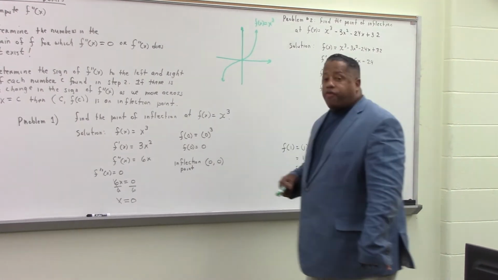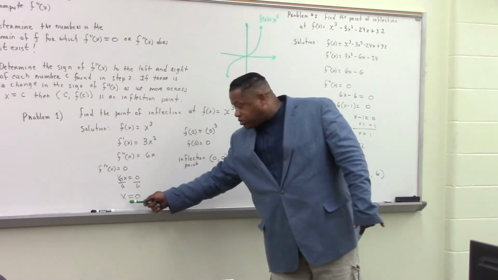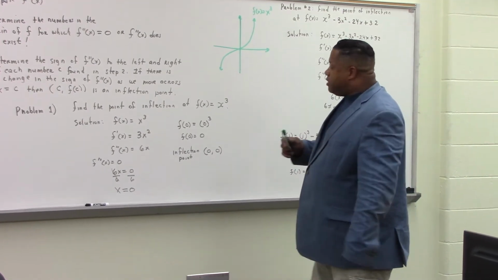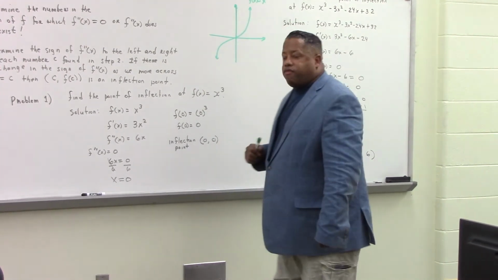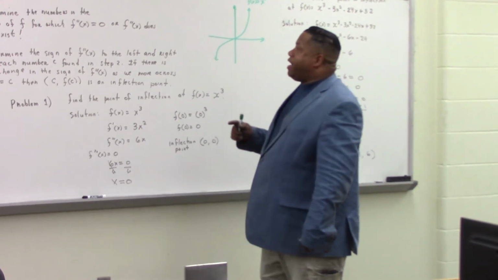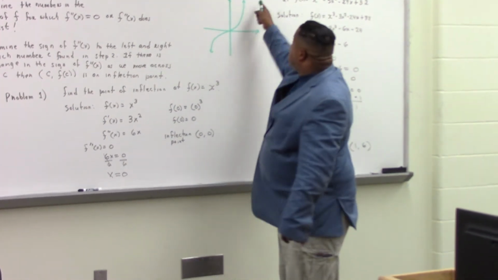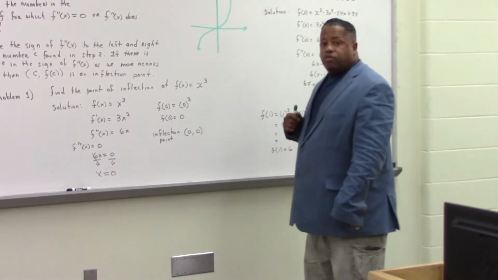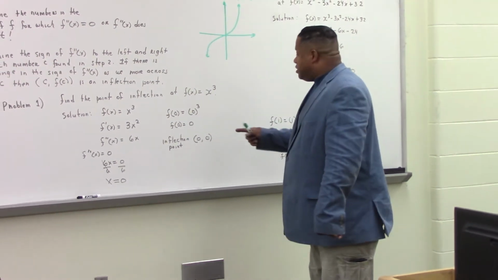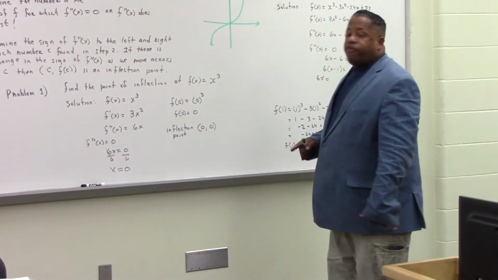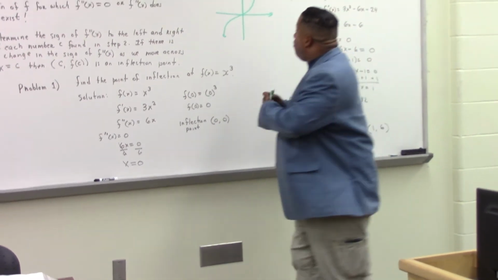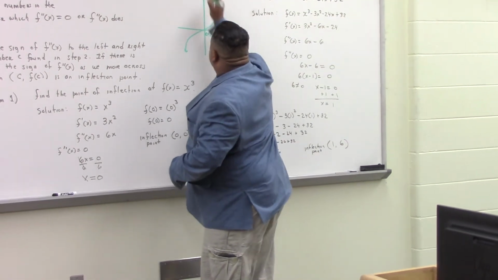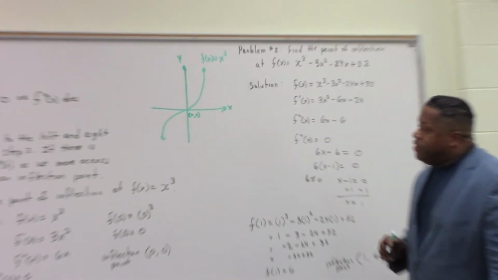As soon as we find x, we must take the value c and plug it back into the original function, x to the third. So f of 0 is 0 to the third power, which is 0. So the inflection point is right here at 0, 0. This is how you do this example problem.